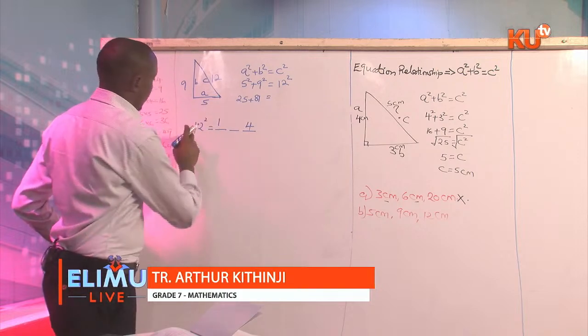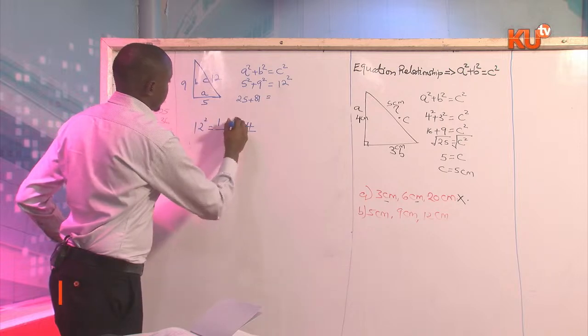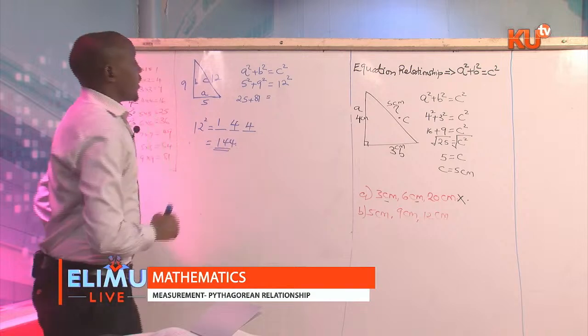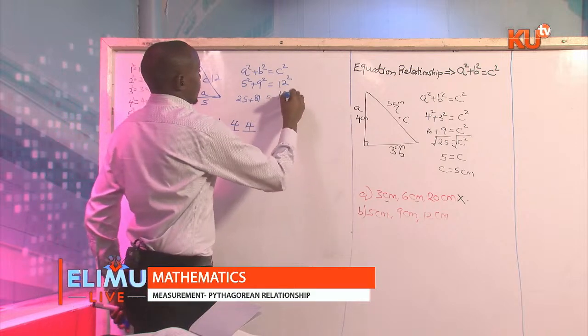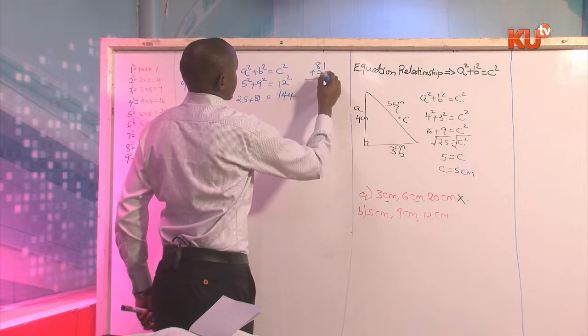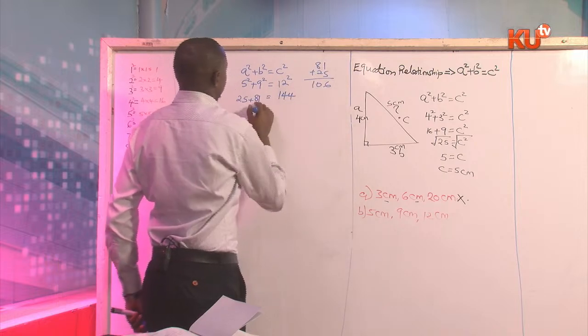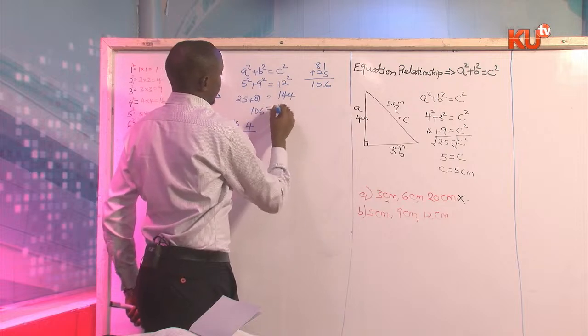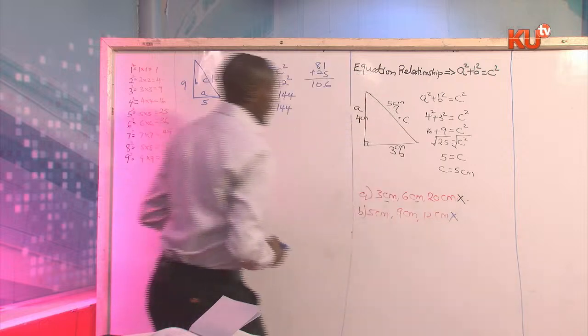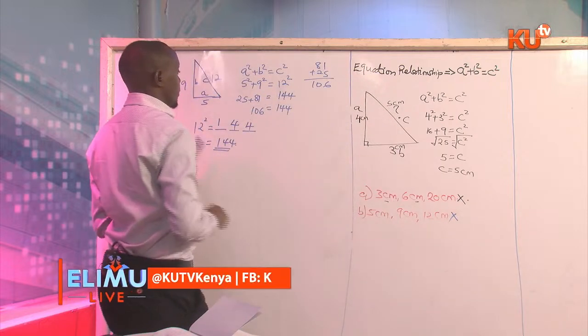So 1 times 2 is 2, 2 times 2 is 4. Therefore, the square of 12 is 144. We know that 81 plus 25 gives us 106. Therefore, learners, we are unlucky that this also does not qualify to make a right-angled triangle.